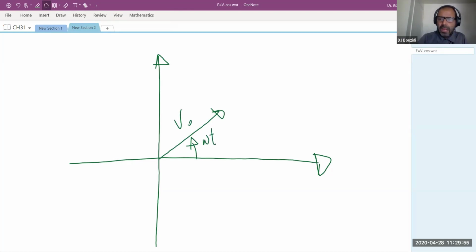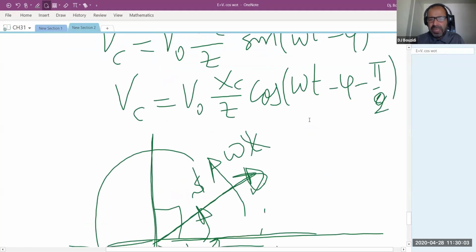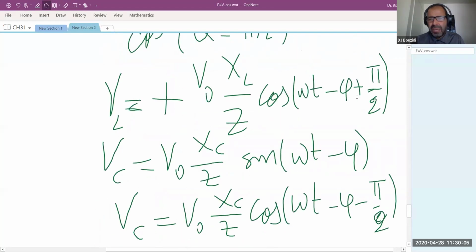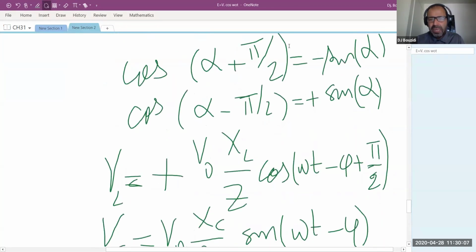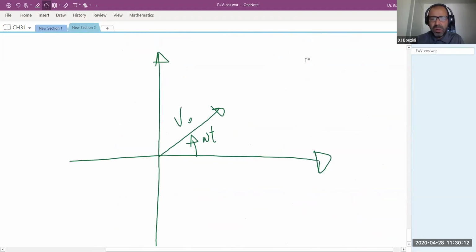And I'm going to refer back to omega t as 0. Because omega t is the same shift in every one of them, I'm going to take omega t to be 0. That is my starting point for the entire signal.